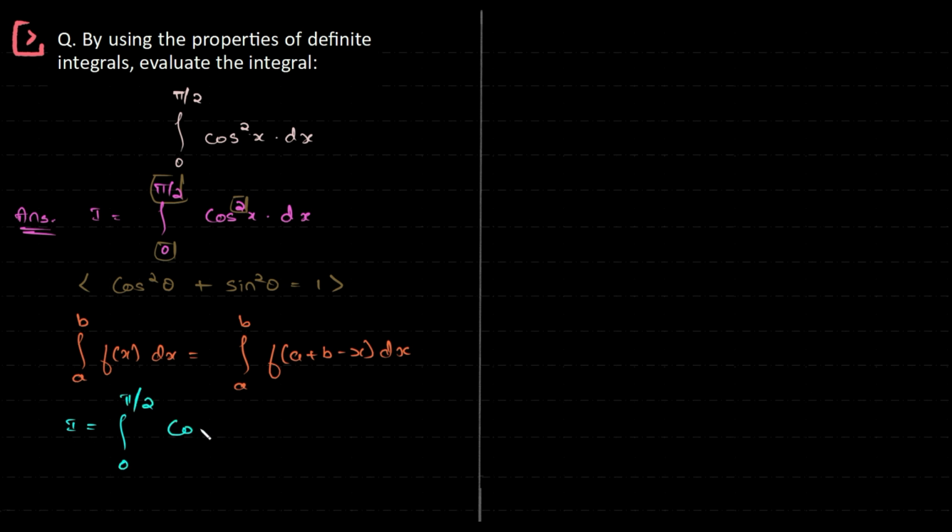So we'll end up with cos square of, wherever x is there, what we have to do? We have to write it as pi by 2 plus 0 minus x dx. So this would be integration of 0 to pi by 2 sin square x dx.